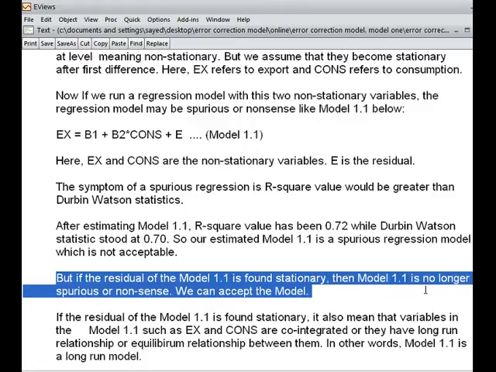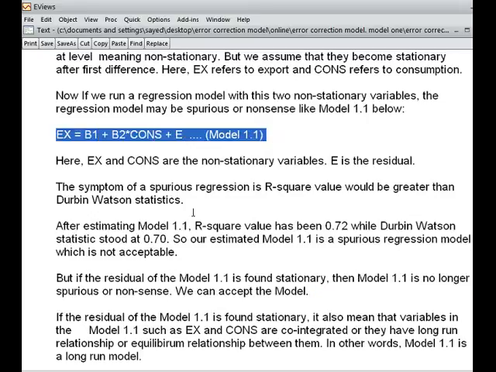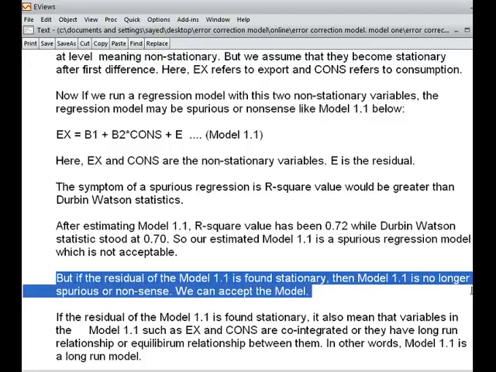Meaning that what I want to say here, after estimating model 1.1, if the residual of the model 1.1 is found stationary, then model 1.1 is no longer spurious. We can accept the model. So the residual must be stationary.